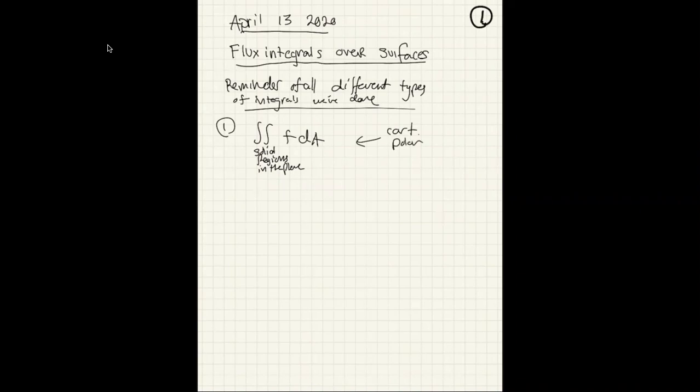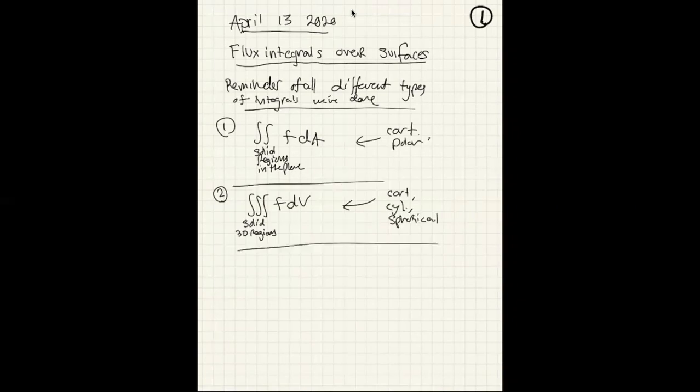Then the next thing that we did was triple integrals of some function over solid 3D regions. And we had a whole plethora of options to do an integral that way. We could have used Cartesian, cylindrical, or spherical.